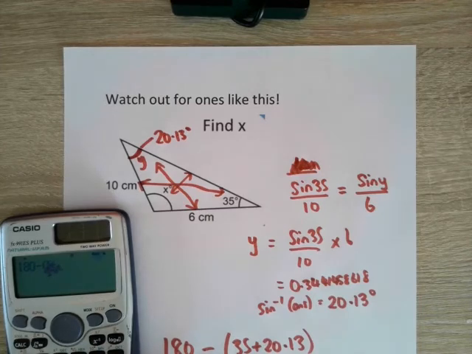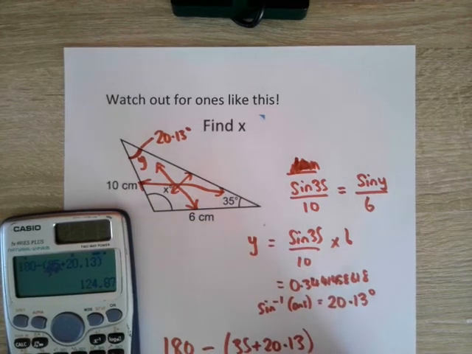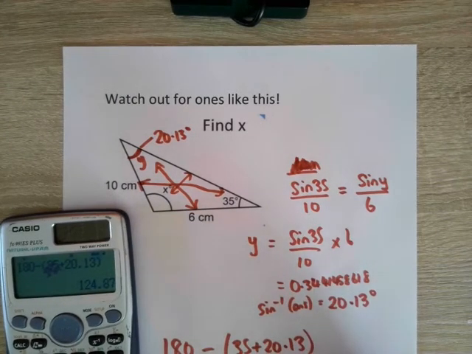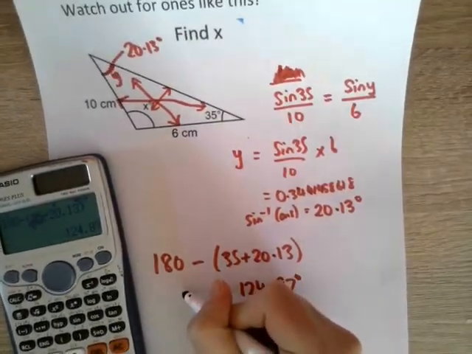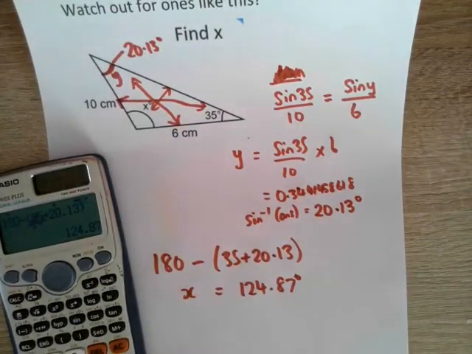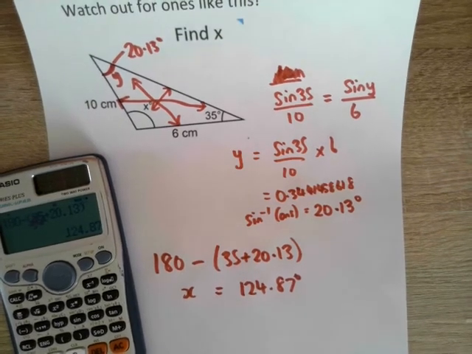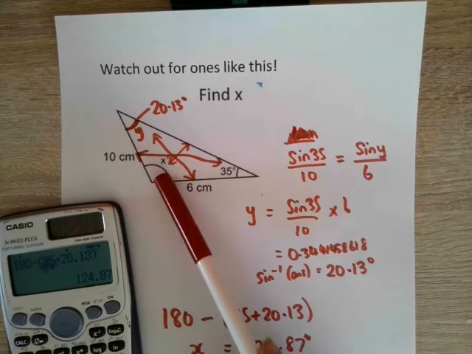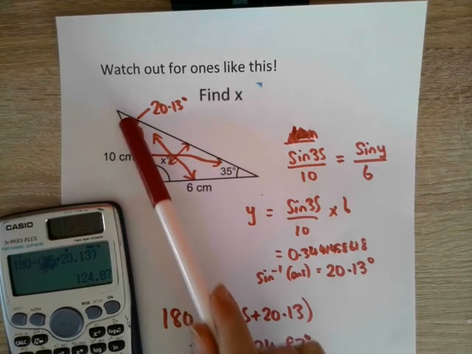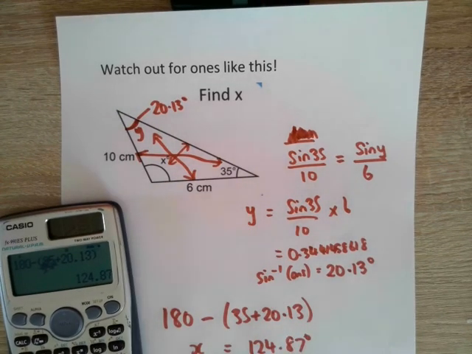So this angle here is 124.87. Sorry, I just realised you can't actually see that. There you go, so angle x would be that. It's just using the fact that angles in a triangle add up to 180. So it's always worth checking: if you can't work out the angle that you're trying to, can you work out the other one? Then you can just use the fact that they add up to 180.